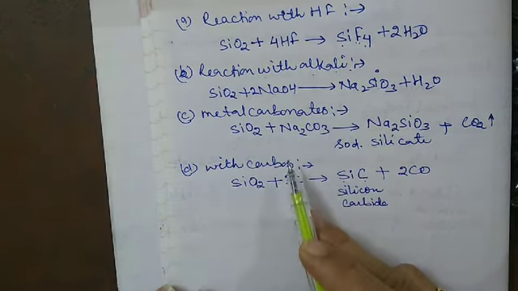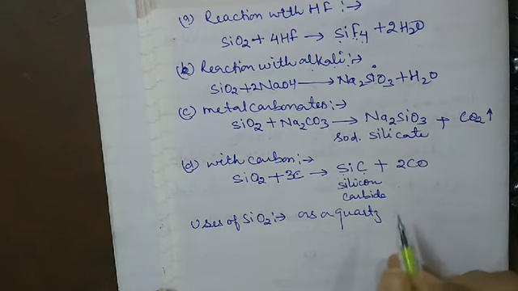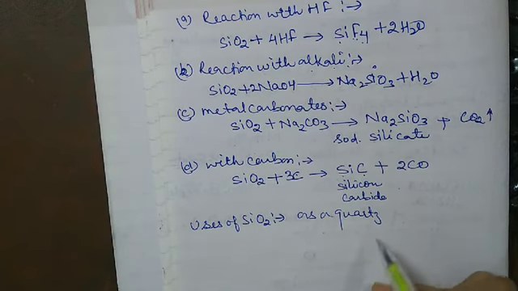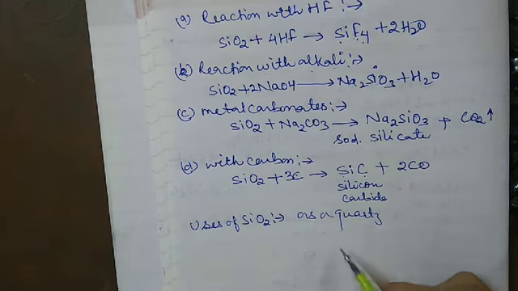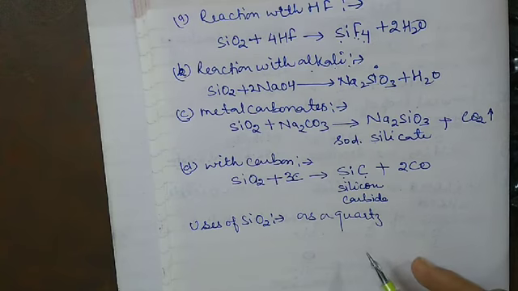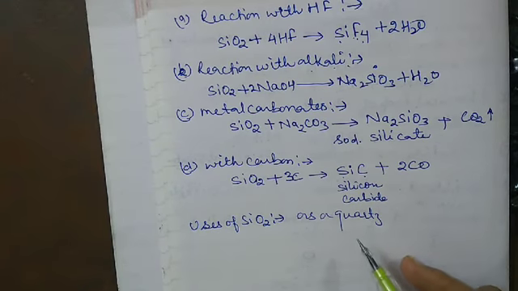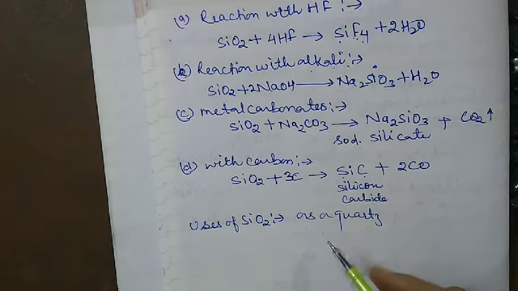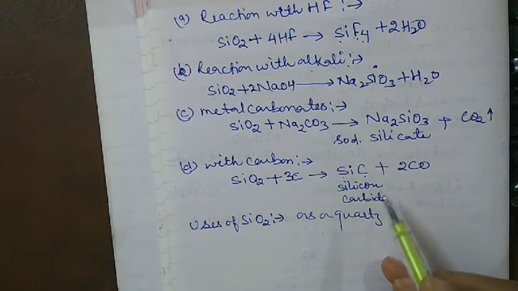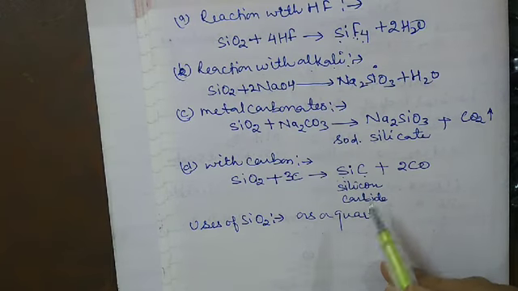Now come to the uses of SiO2, the silicon dioxide. It is used as quartz, which is used as a piezoelectric material in the manufacture of extremely accurate clocks. It is used in clocks, modern radios, televisions, and mobile radio communication.